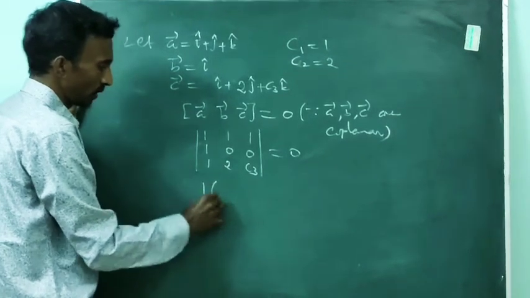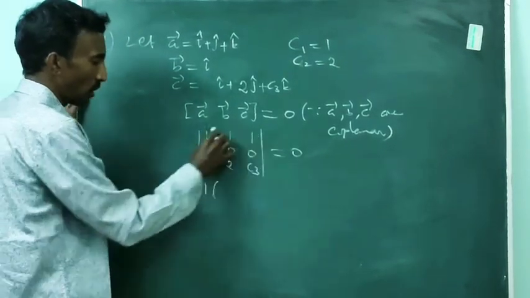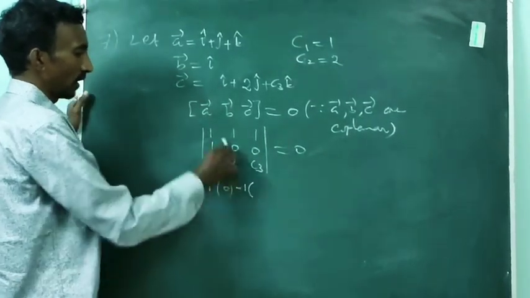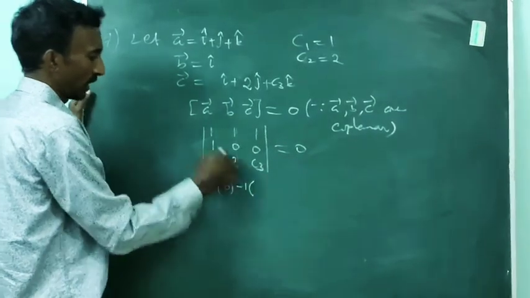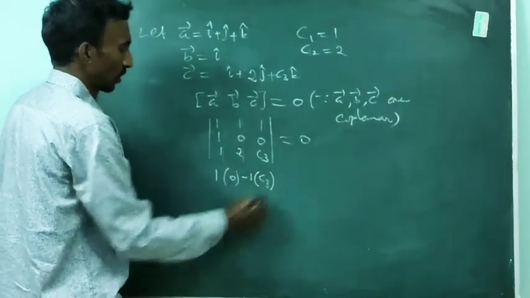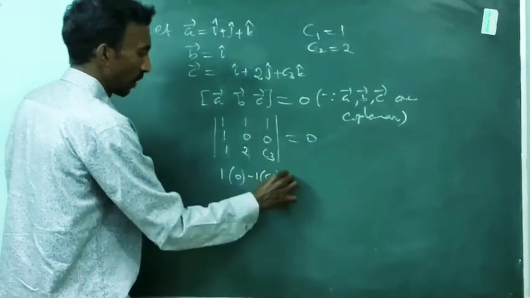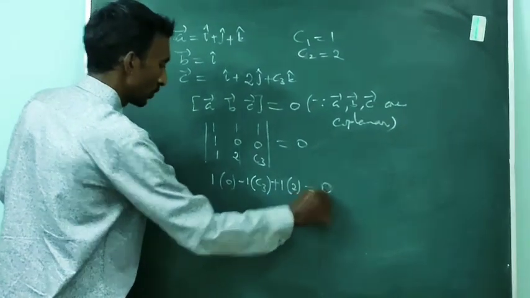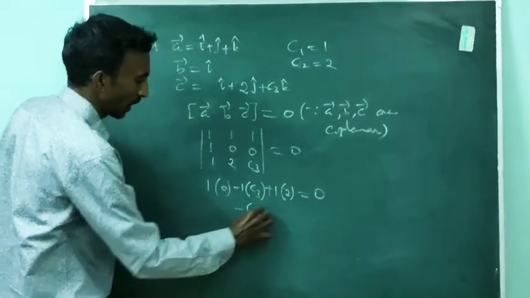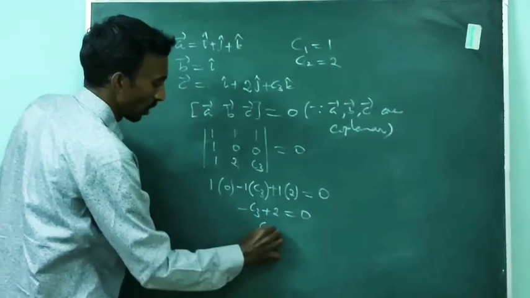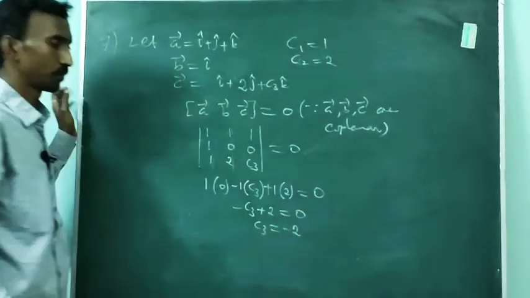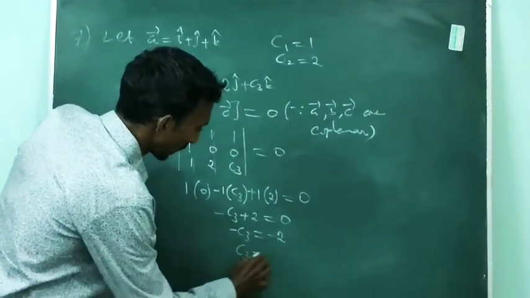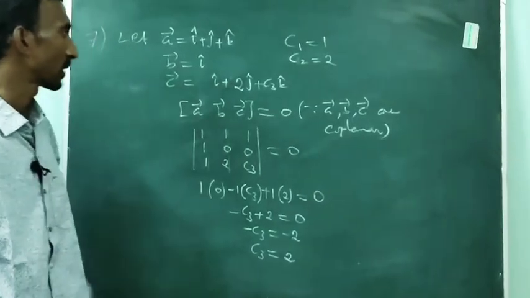So 1 into, delete that row and column, 0, 0. Minus 1 into, delete that row and column, C3 minus 0. So plus 1 into 2 equal to 0. So minus C3 plus 2 equal to 0. C3 equal to minus 2. Sorry, minus C3 equal to minus 2. So C3 equal to 2. That is the required answer.